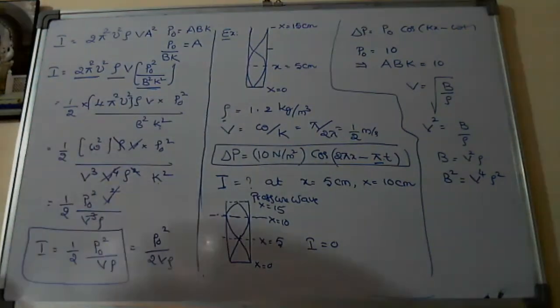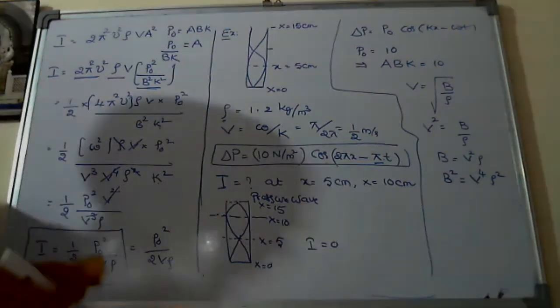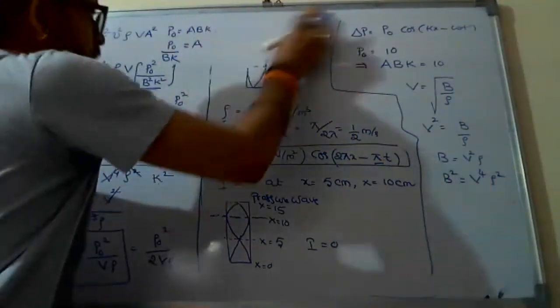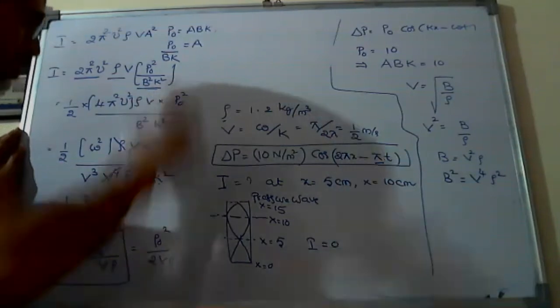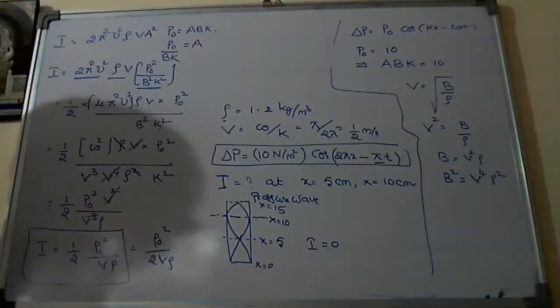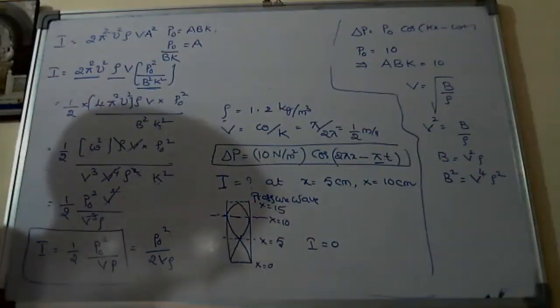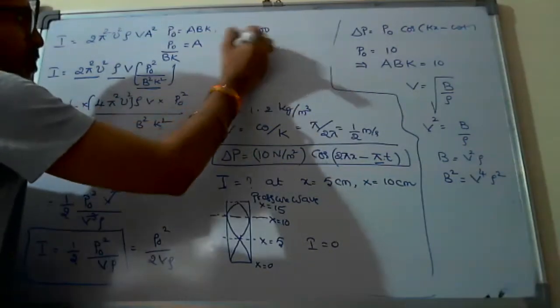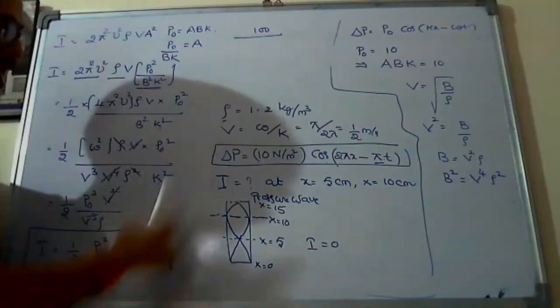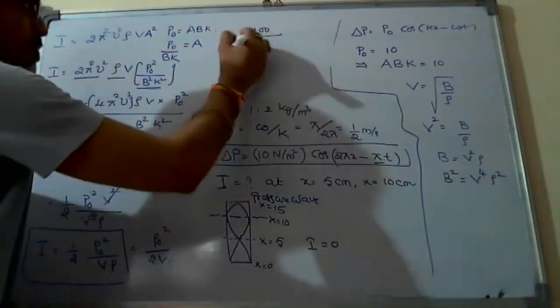In this equation, I think now you can substitute all the values. Why? Because they are there on the board. P naught square means 10 square, 100 by V. Already I found it is half.